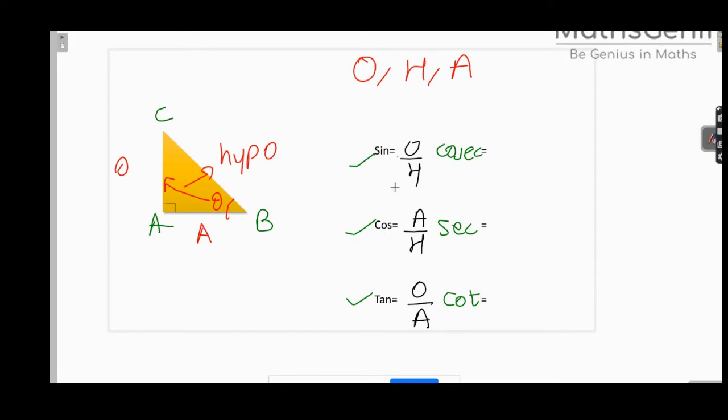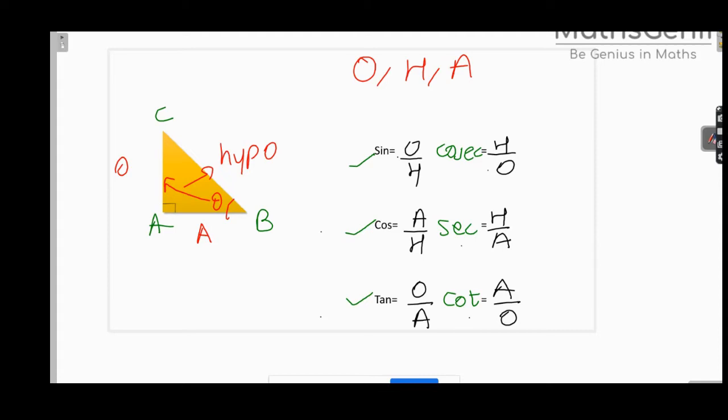Also remember the sequence. Sine, cos, tan, cot, sec, cosec. Always go in this sequence. So in this sequence, you can easily reverse. Here you have O upon A, so here you will have A upon O. Similarly, reverse of this: A upon H, reverse H upon A. O upon H, reverse H upon O. So these are the 6 types that you're going to remember.